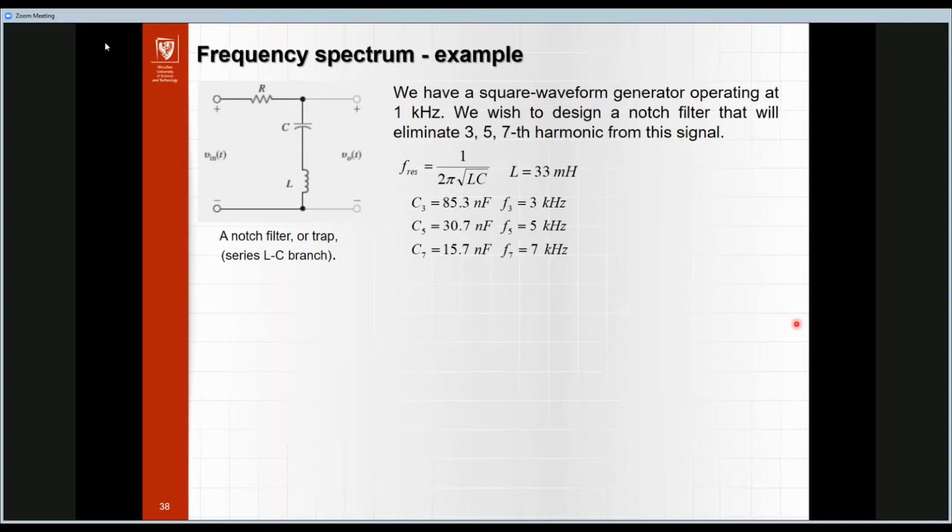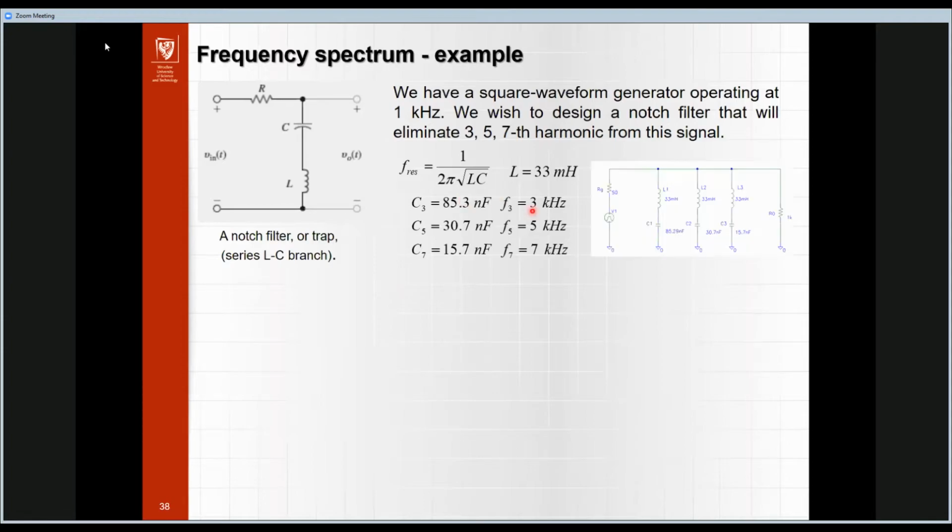Now we try to design filters for this. We choose, for example, one inductor and calculate the capacitance for the capacitors. It is a good idea because it is simpler to make several values of inductors, but we have the whole range of capacitors.